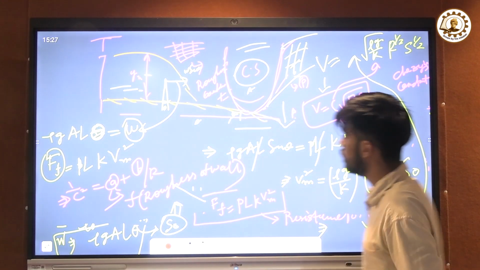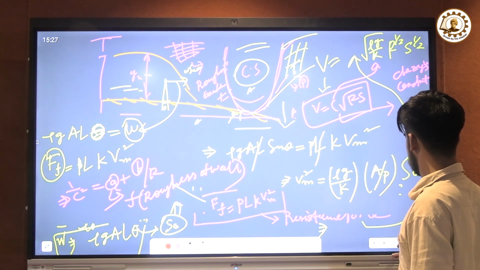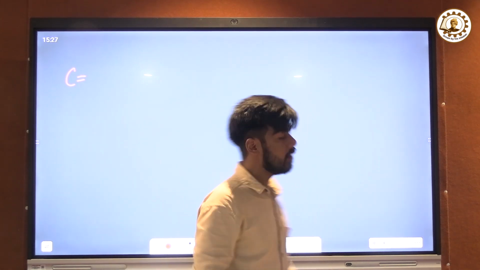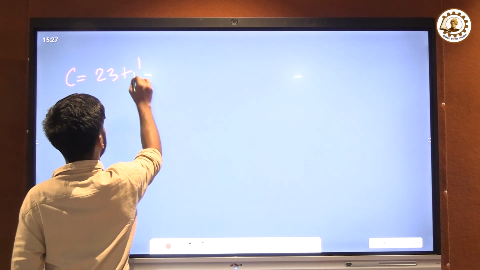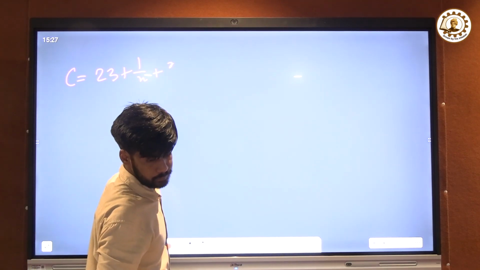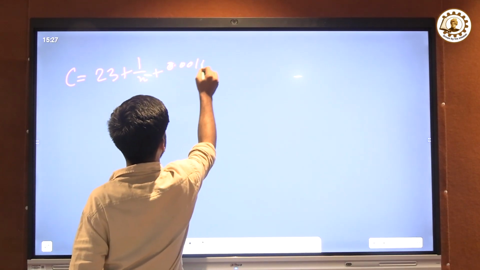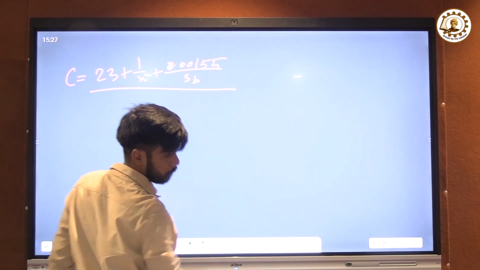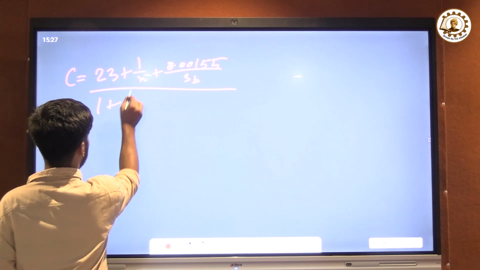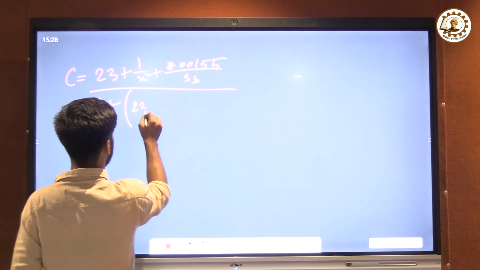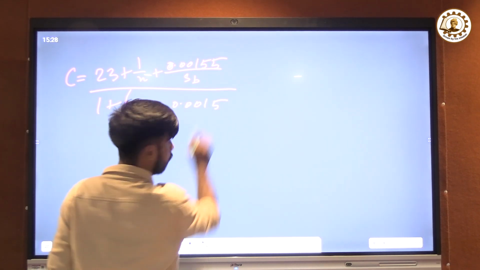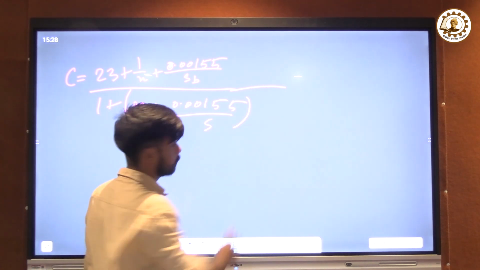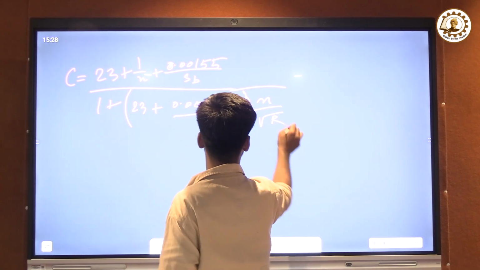As we have derived the formula of Chezy, now the value of this Chezy's constant is given by this.